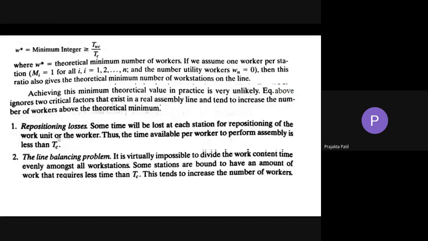So in the line balancing problem, we are trying to achieve an equal distribution of work and time at every station, but that practically does not become possible. Therefore, now come into the picture these different methods that we have: the largest candidate rule, the Kilbridge and Wester method, which are going to help us solve this line balancing problem on manual assembly lines.